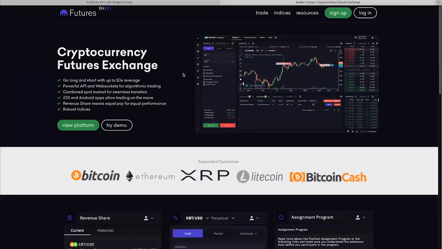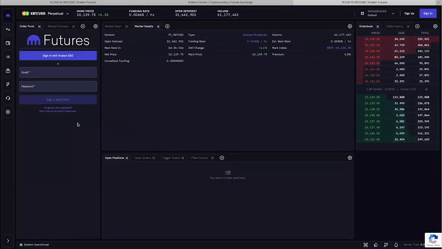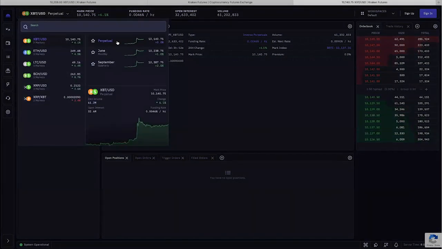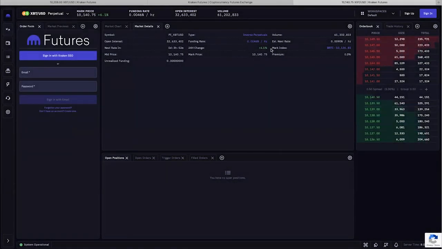So here we have the Kraken Futures live platform. We are going to go to market details tab right here. So we're on the Bitcoin perpetual contract, and the mark index price is here, 10,136. And the mark price, let's actually put it over here.